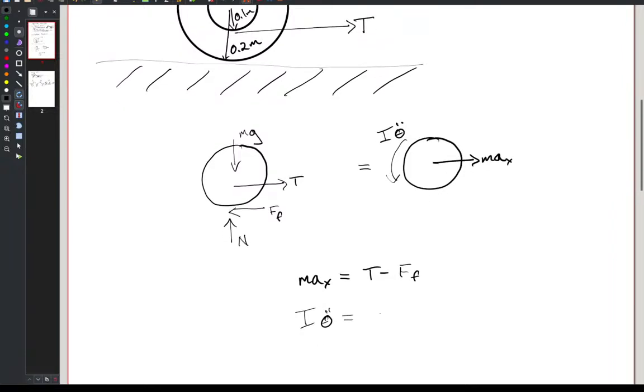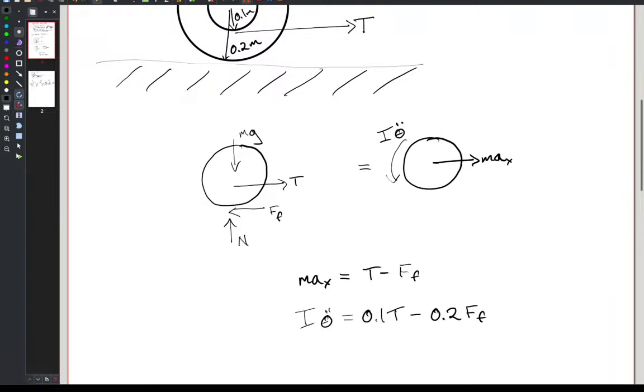So now T is positive. Something like this. Is that just a moment equation? Just moments, yeah. I theta double dot is moment? This one is describing change in angular momentum.